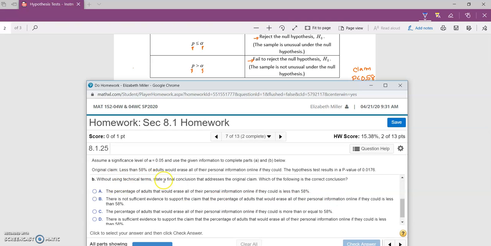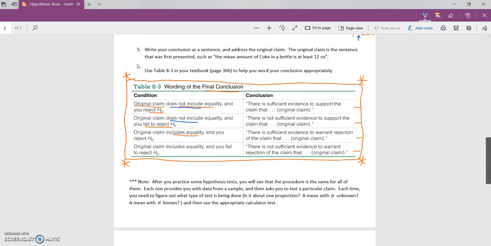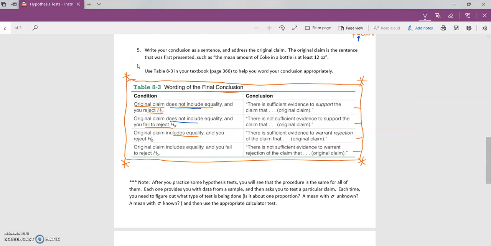It says, without using technical terms, state the final conclusion. That's where this chart comes in. So we just had a claim that did not include equality, and we rejected H0. So we are using this statement here. Did not include equality and we rejected H0.